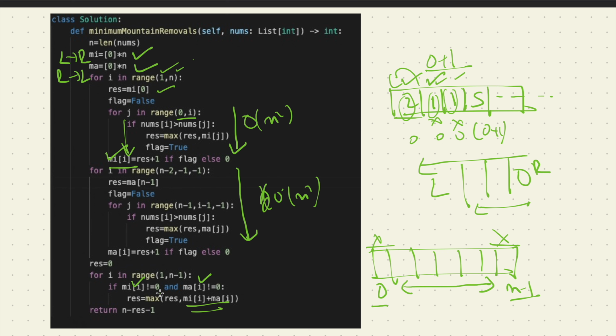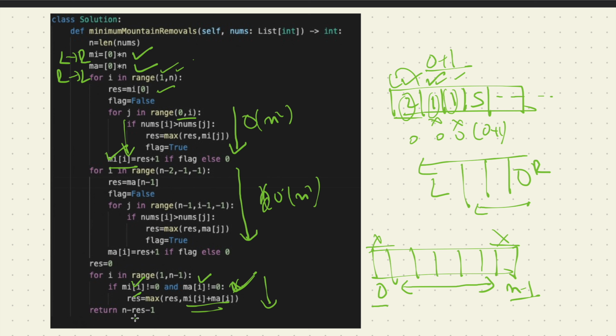At least we should have one element which is greater than the value present at the ith index. Then only we can take it. So that's why we have this condition, and we iterate over the left to right max and right to left max to figure out the maximum.